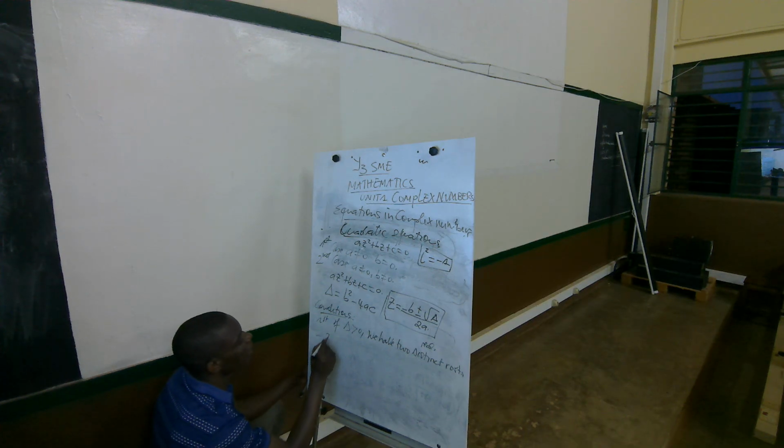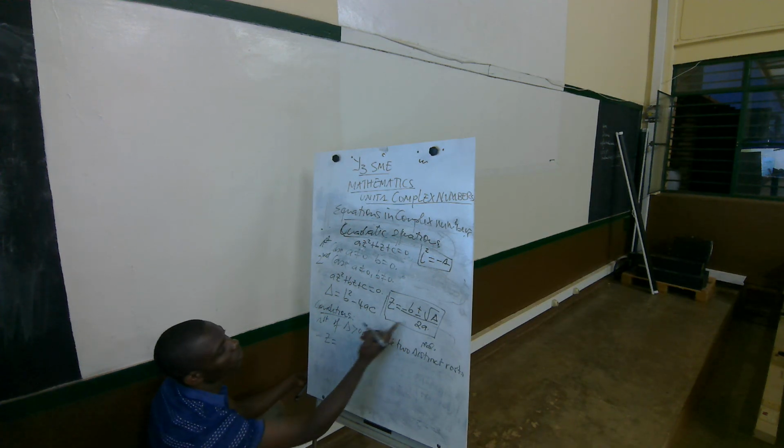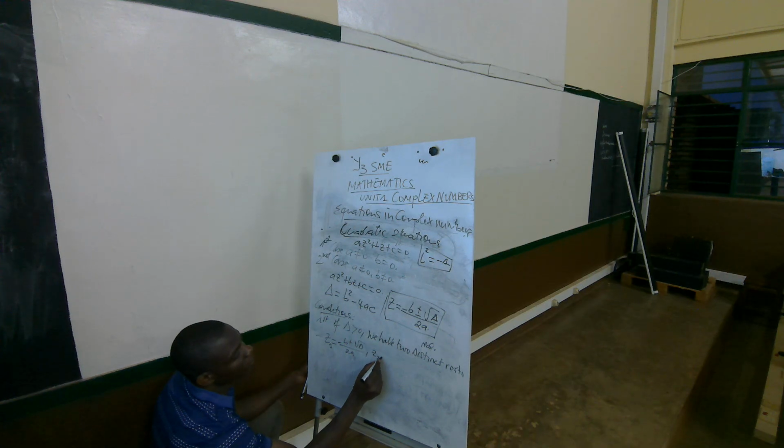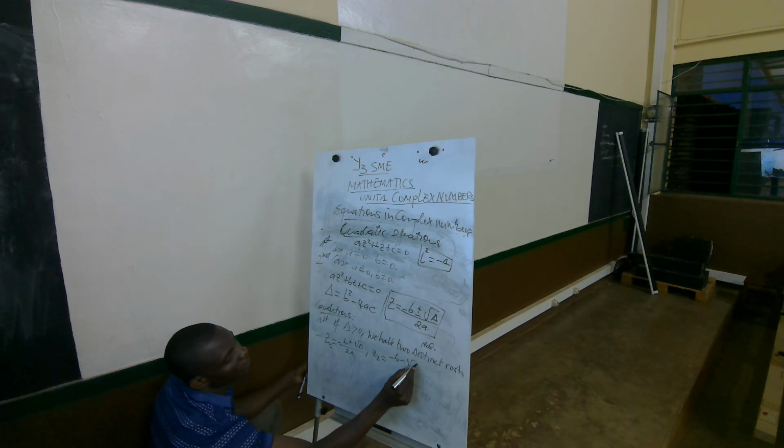It means our z is going to be equal to this one. So we have z1, which is equal to negative b plus square root of determinant over 2a, and z2 is equal to negative b minus the square root of determinant over 2a.